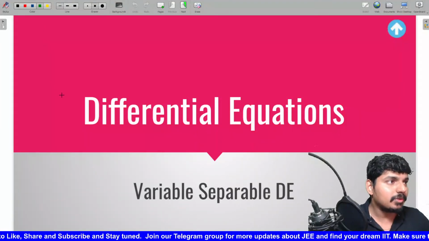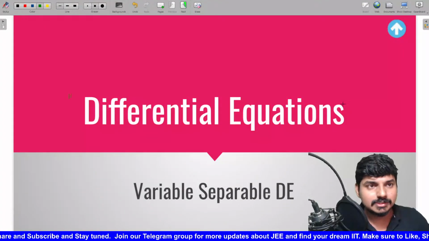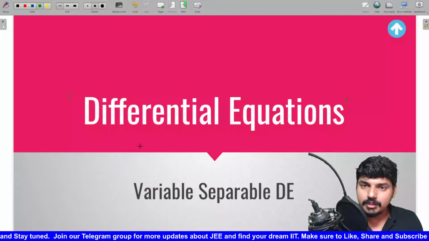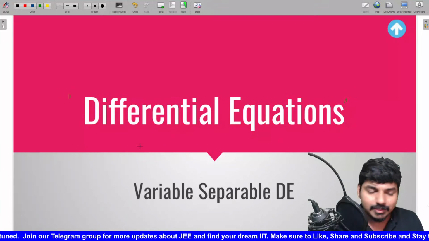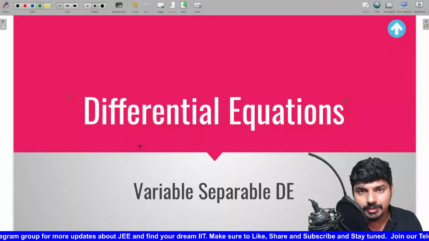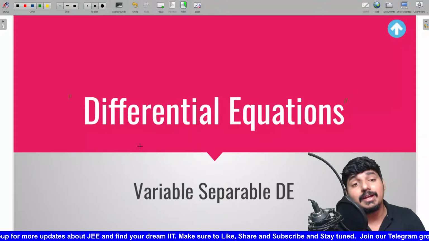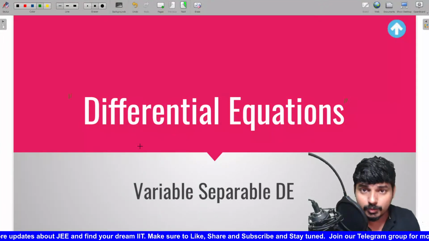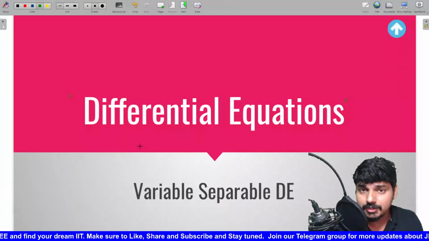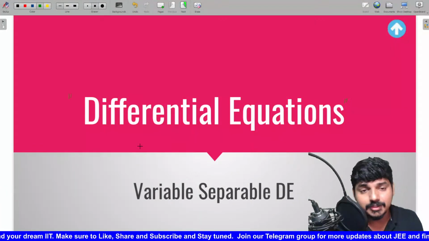As I told you, today we are going to discuss the differential equations chapter. First, we'll revise the basics of differential equation: what is a differential equation, and what are the order and degree of a differential equation. Then we'll talk about the formation of a differential equation and the solution of a differential equation.